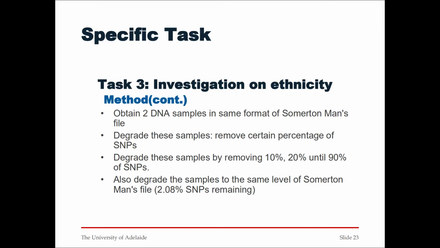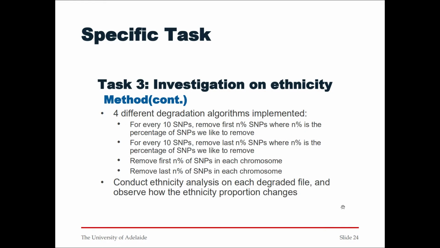Degraded files from 10%, 20%, up to 90% SNPs removed were generated by our C++ program. Also, extra files with only 2.08% SNPs remaining for each sample are provided. Then we would conduct ethnicity examinations on these files and observe how the measured ethnicity proportion changes via the degradation process.